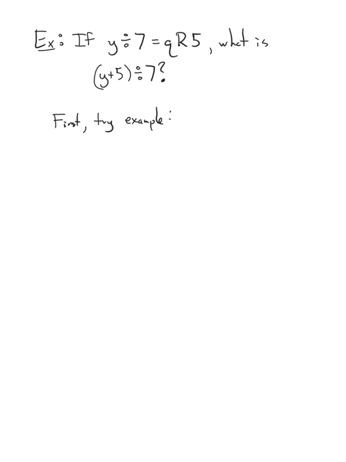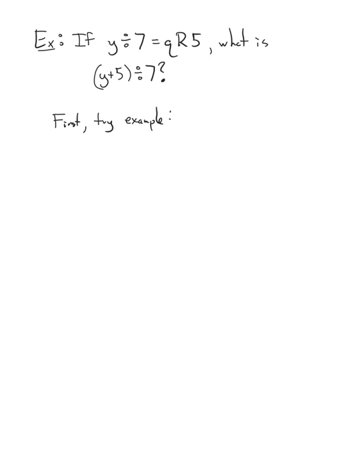I think a good thing for you to do is to pause the video and see if you can figure this out. My suggestion is try an example. Pick a number y where if you divide it by 7, you get a remainder of 5. My suggestion as well is to draw it with some sort of diagram, like a fair share style diagram, and then figure out what 5 more than that is divided by 7.